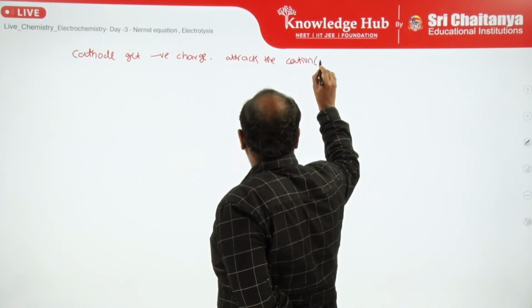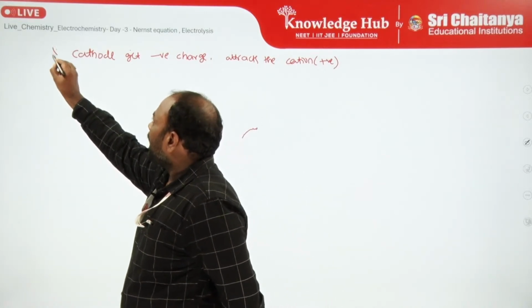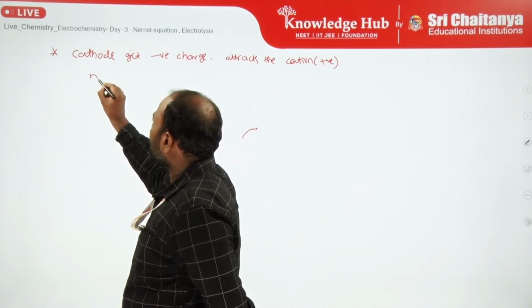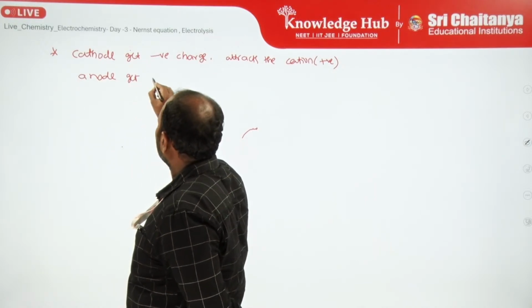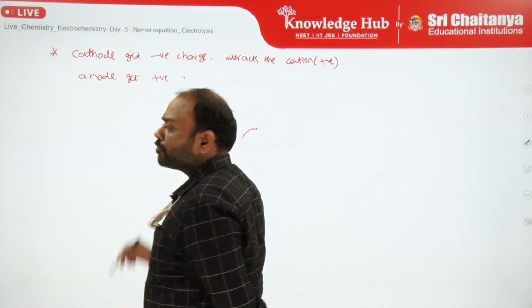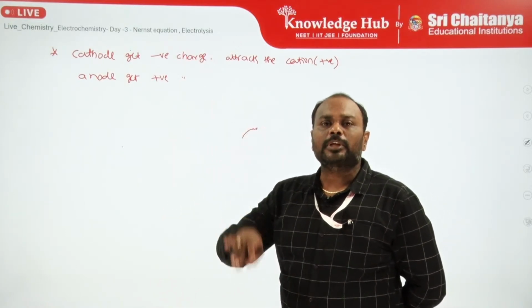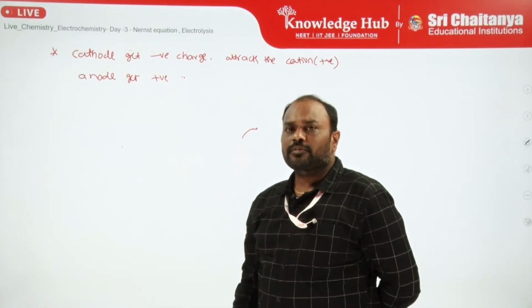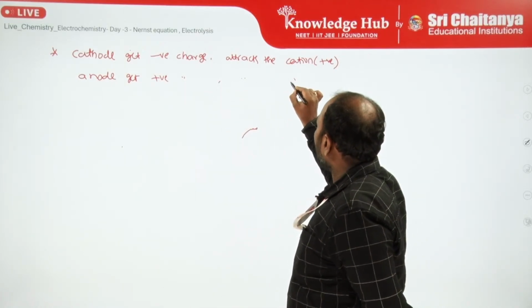What is the charge of a cation? Positive. Whereas the anode gets positive charge, because electrons go away from the solution through this electrode, so it attracts the anions.